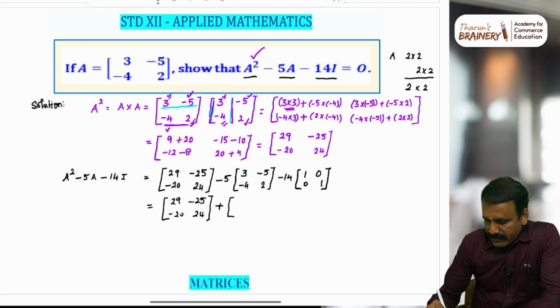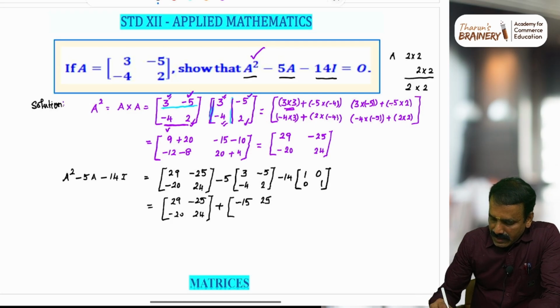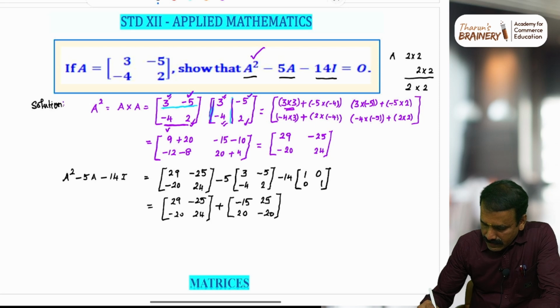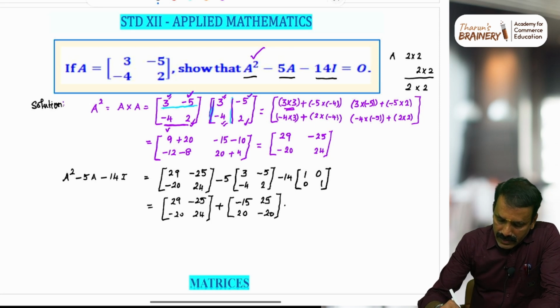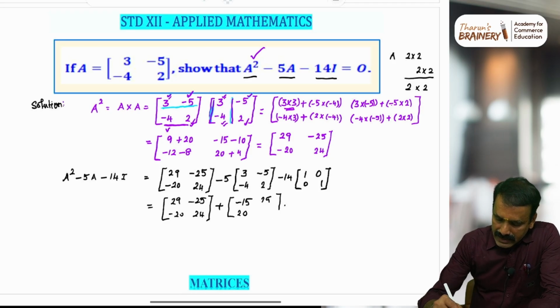So minus 5 into 3, minus 15, minus 5 into minus 5, plus 25, minus 5 into minus 4, plus 20, minus 5 into 2, minus 10.